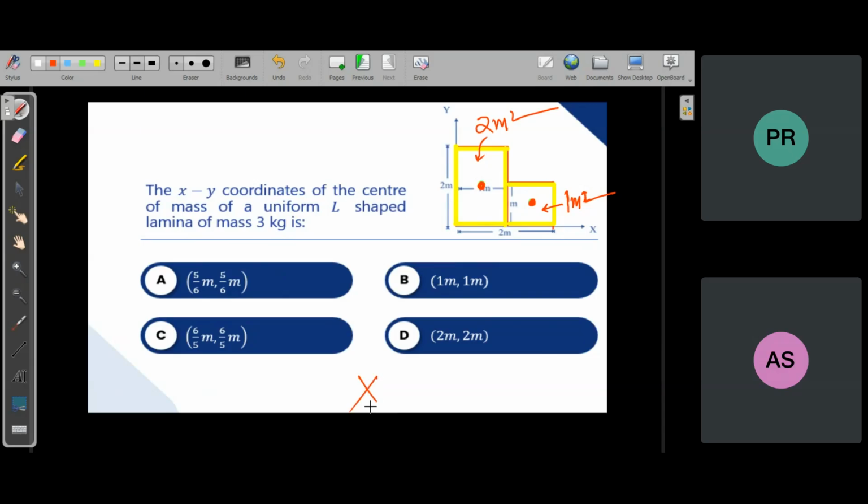Now to find the x coordinate, you can use the formula that the x coordinate of the center of mass will be summation m_i x_i over summation m_i. So now the mass of the first particle, which is 2 kg, into its x coordinate. Tell me, do you have any doubt? You can ask.